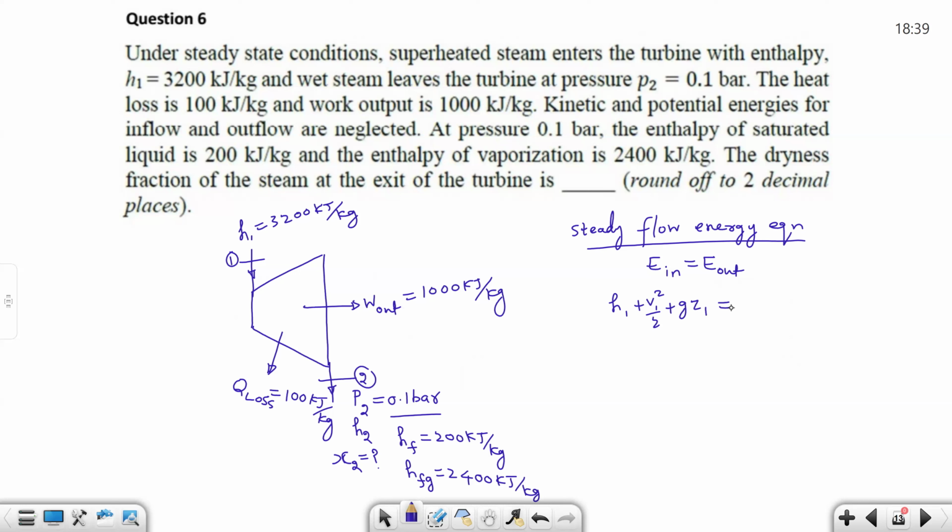Energy going out is enthalpy H2, V2 squared by 2 plus g z2, then heat loss, then work. Since kinetic and potential energy are neglected, those terms will be 0.